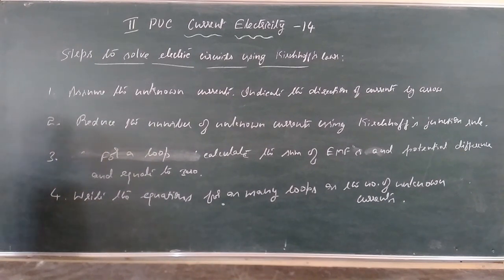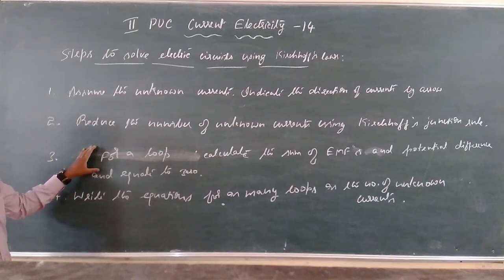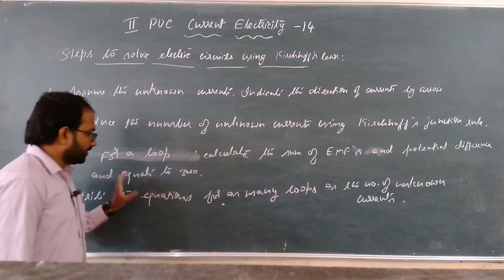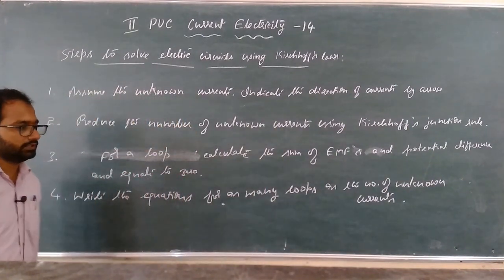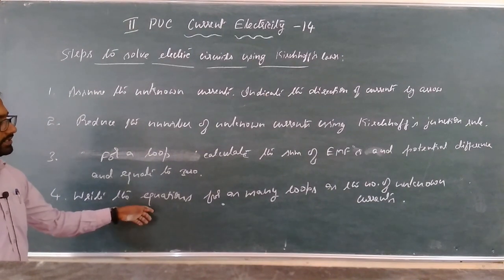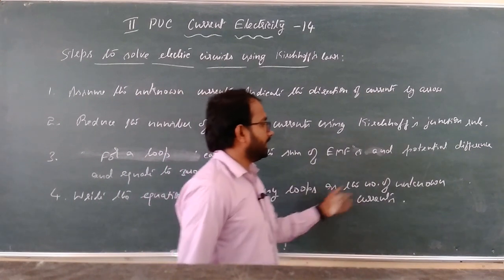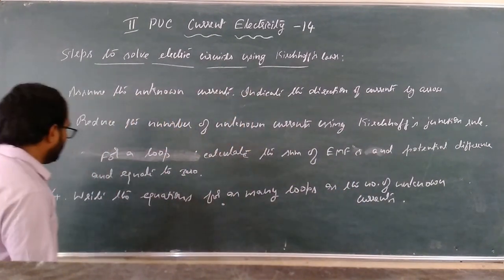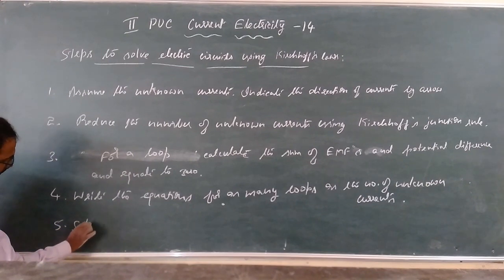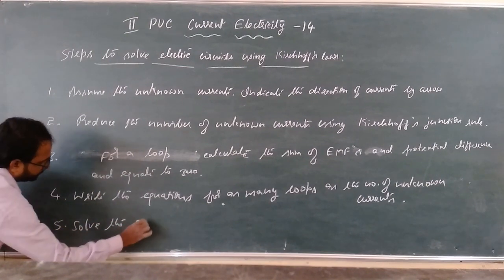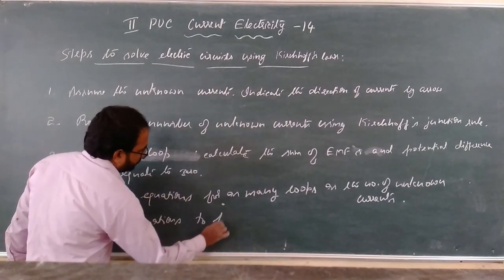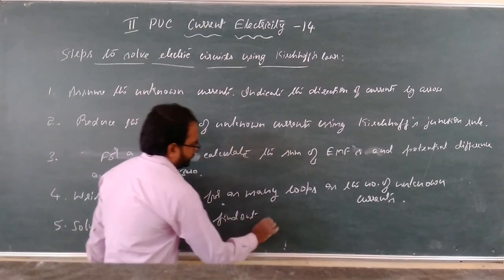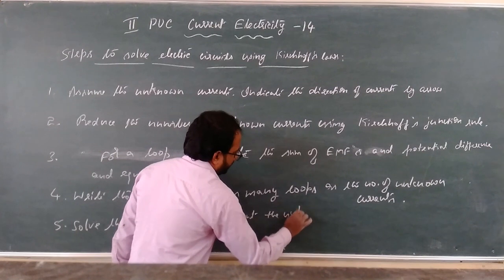You have to choose the number of loops in such a way that the number of equations written is equal to the number of unknown currents. And the final step is to solve the equations to find out the various unknown currents.